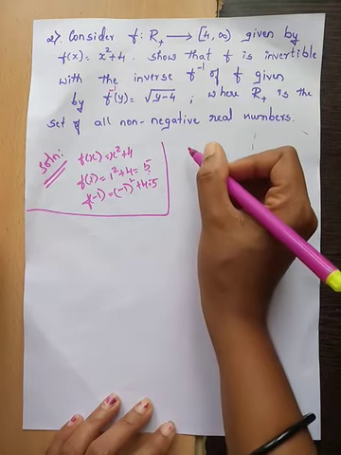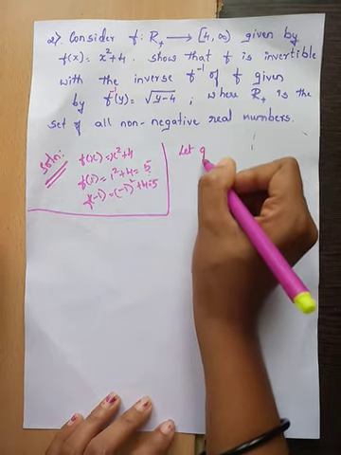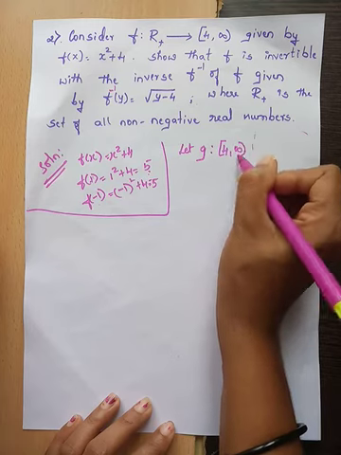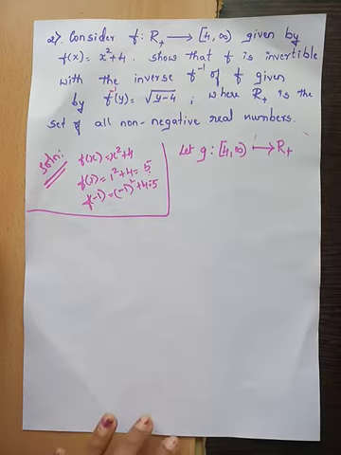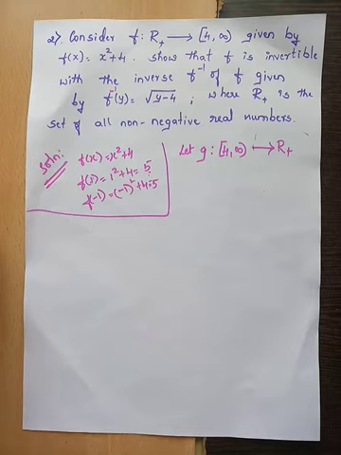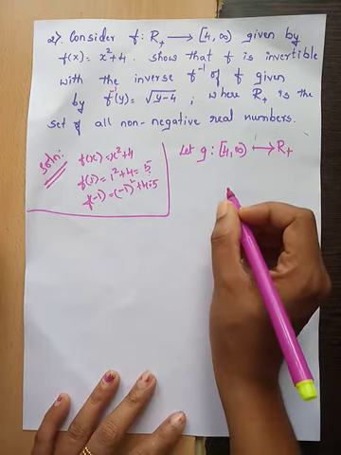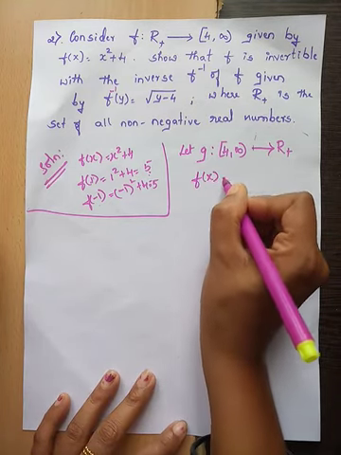So what do we have to do? We define g from [4, infinity) to R plus. Then what we have to show is f of x equal to y. Let y belong to our interval [4, infinity), such that f of x is equal to y.